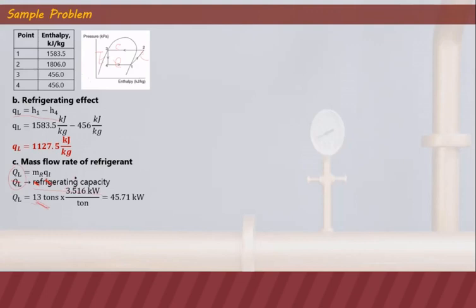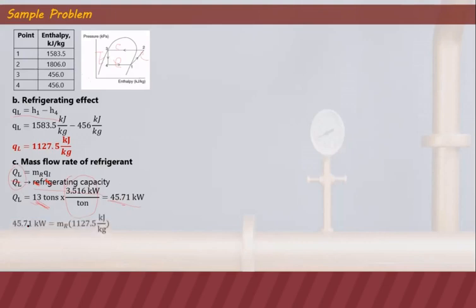This is the conversion factor. This is different from mass measurement of tons, but this is tons of refrigeration, or TOR. So you can convert 13 tons of refrigeration to kilowatts using the conversion factor: 1 ton is equal to 3.516 kilowatts. Multiplying, we have a refrigerating capacity of 45.71 kilowatts.